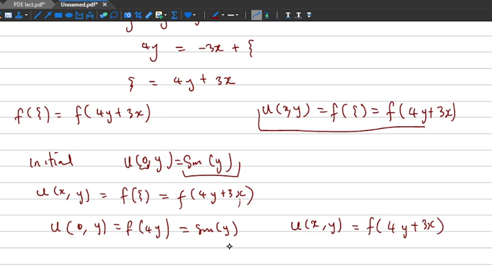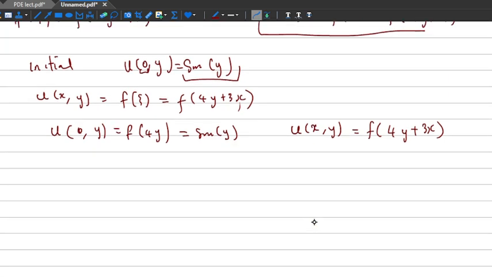Okay, so now we want to write f of y. What we can do is we can say where there is y, we put y over 4, meaning that this side you can say sine, where there is y, we put y over 4. See that?